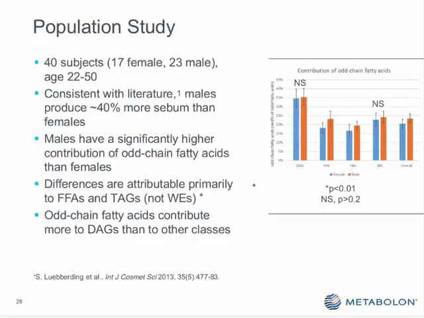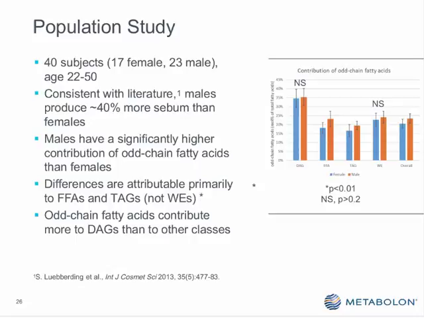So what we did find is that consistent with the literature, the males did produce approximately 40% more sebum than females, at which point I will refuse to make any statements about whether or not males just have greasier faces. In addition, what we found, consistent again, was that males have a significantly higher contribution of odd chain fatty acids than do females.